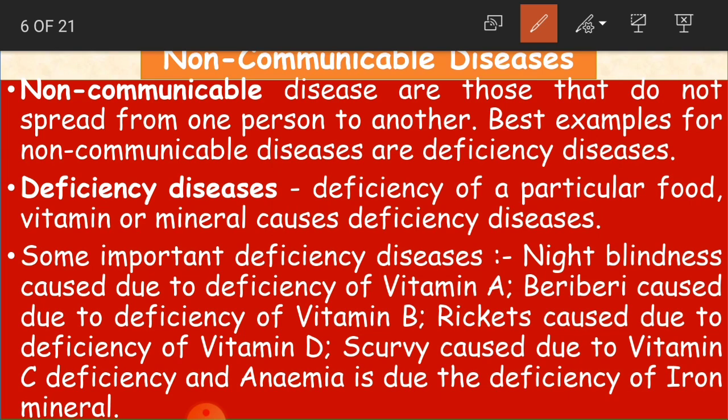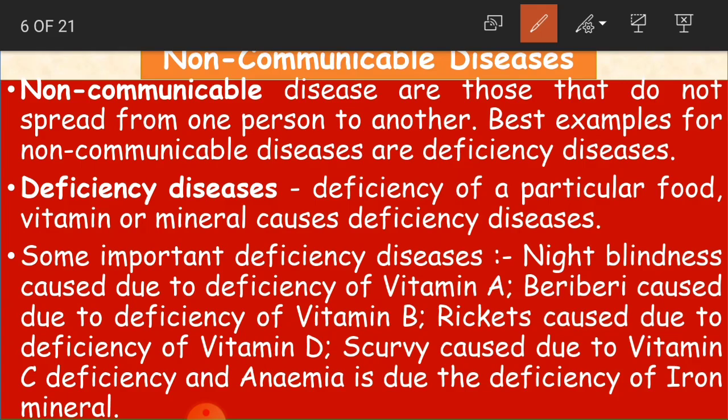Some people cannot see at night. That is a disease, and we call that night blindness. They are not totally blind. They can see in the day, but only at night they cannot see. And this is caused because of the deficiency of vitamin A.